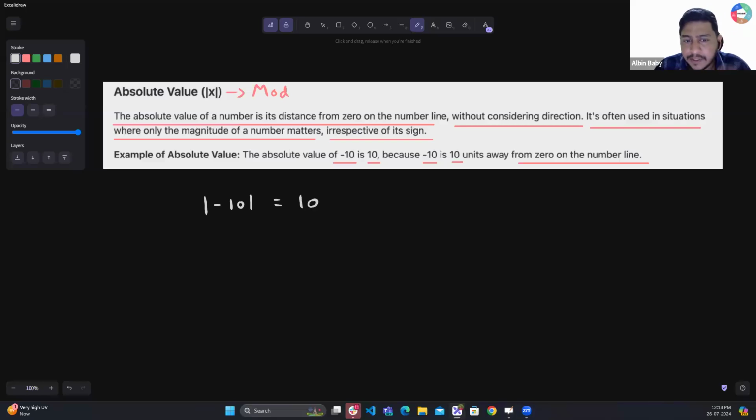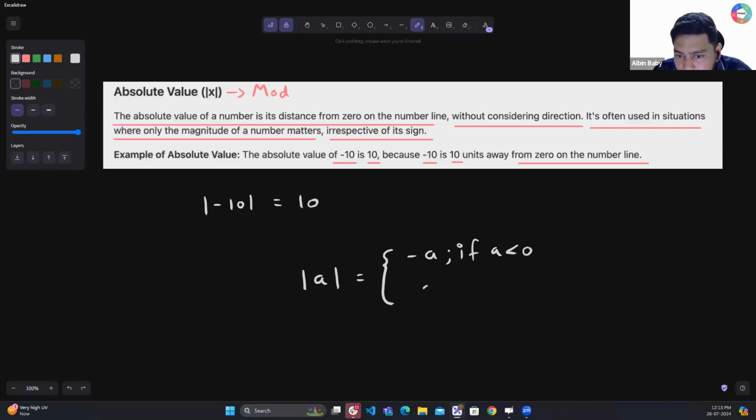So what is the definition for mod? Pay attention closely. Mod A equals, if A is less than 0, if A is negative, you multiply it with minus.